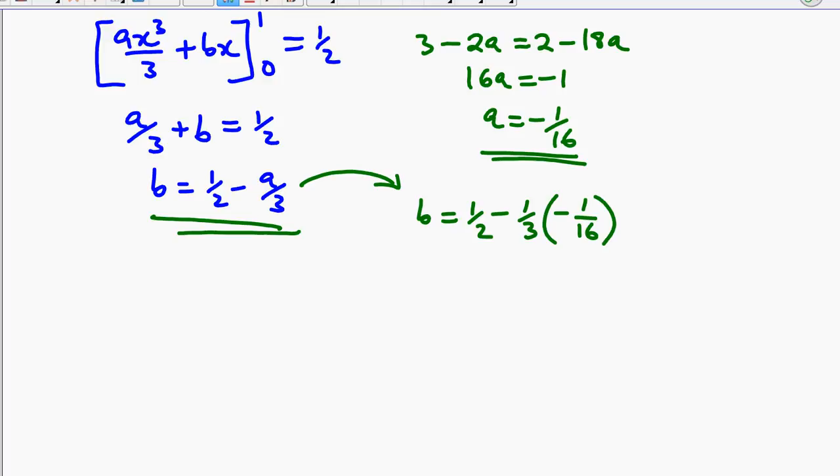So which means b will be equal to a half plus 1 over 48, which will give me 25 over 48. So that's the value of b.